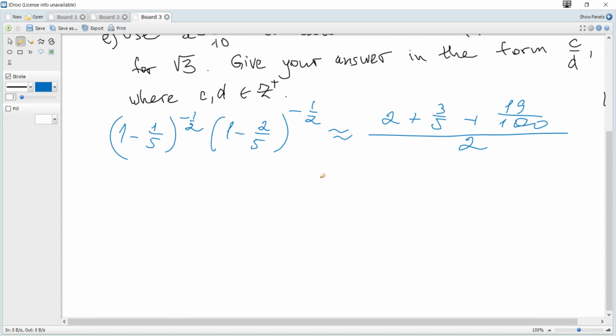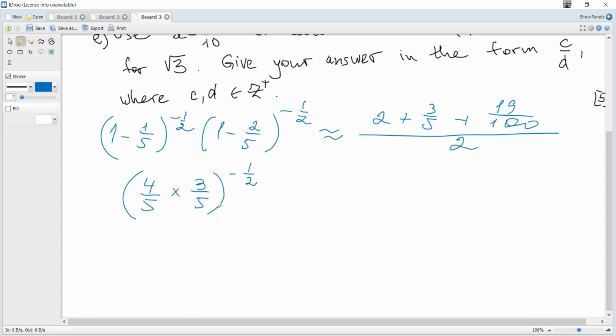1 minus 1 over 5 is 4 over 5, and 1 minus 2 over 5 is 3 over 5, and we can write it with the common power negative a half. Actually it's not required to multiply.